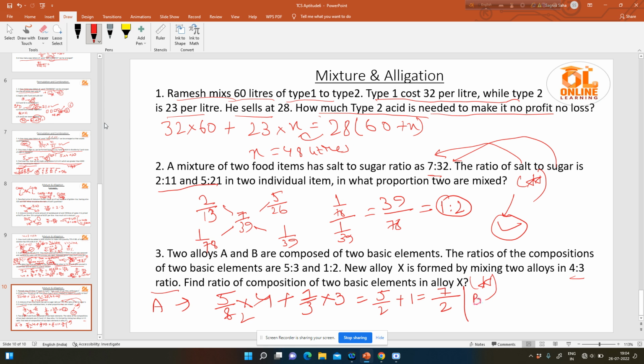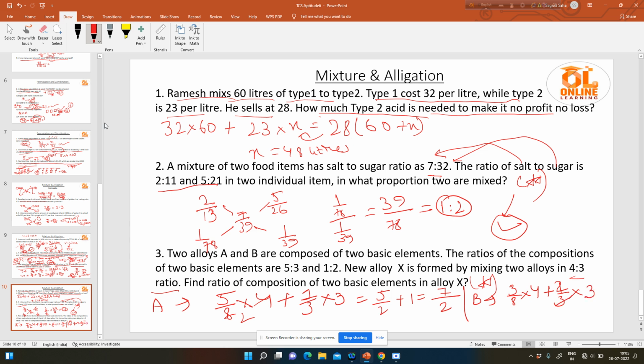Now for the second element. It is present in the first alloy as 3 by 8, and the first alloy is mixed in 4. And the second element, that is the B element, is present in the second alloy in the ratio 2 by 3, and this alloy is mixed in 3.